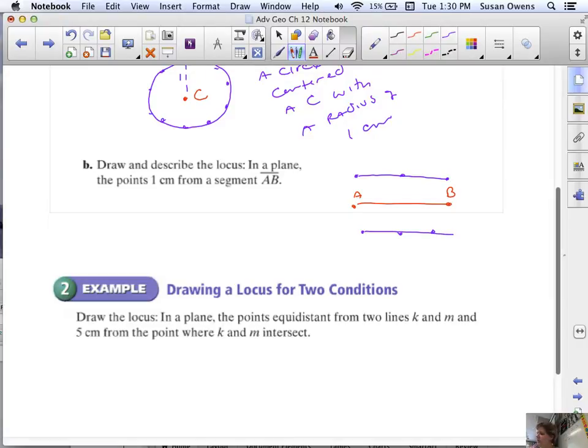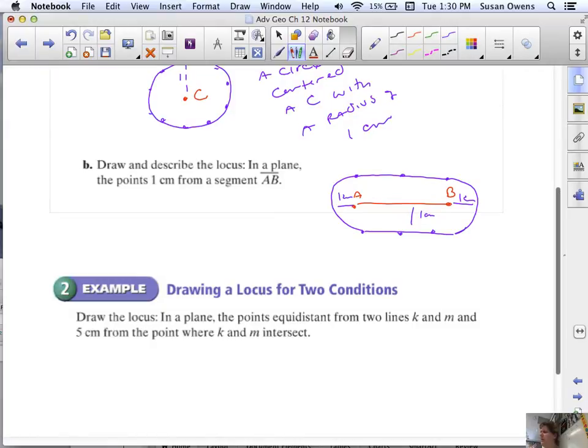And then once we get to the endpoints, what's going to happen is we're going to get 2 semicircles, 1 on each side. So these are all the points. So this would be 1 centimeter, and then also the radius here and here would be 1 centimeter.